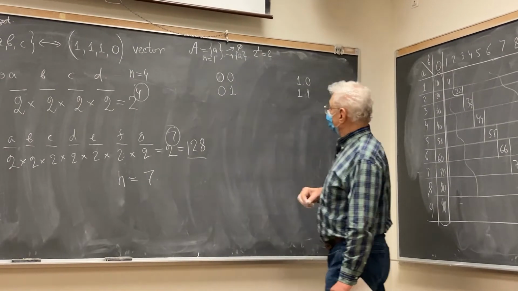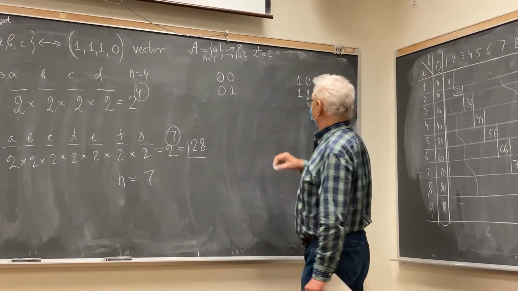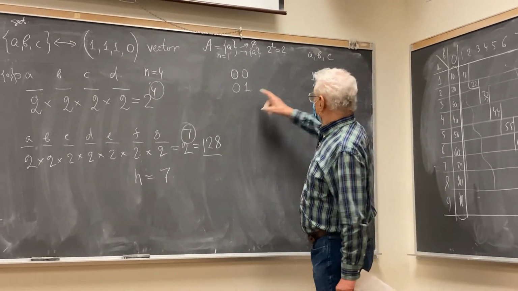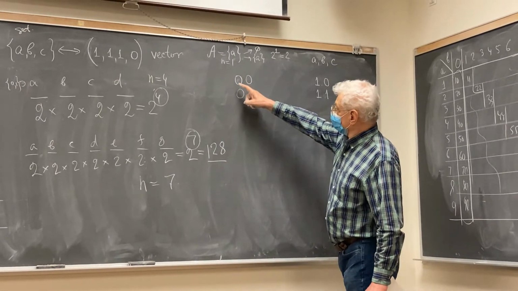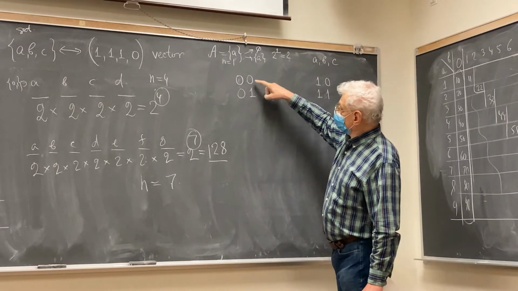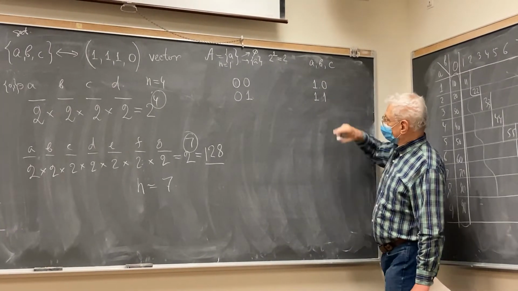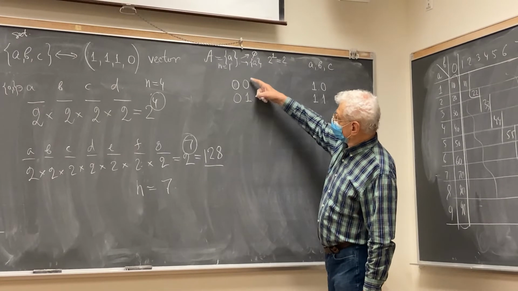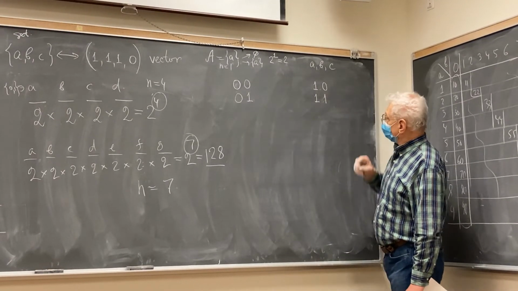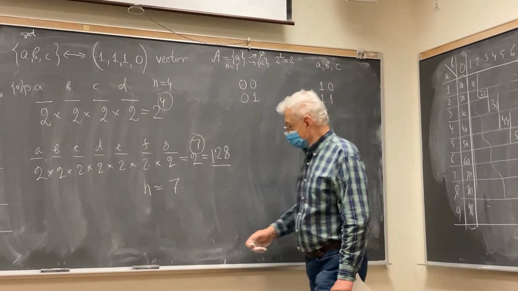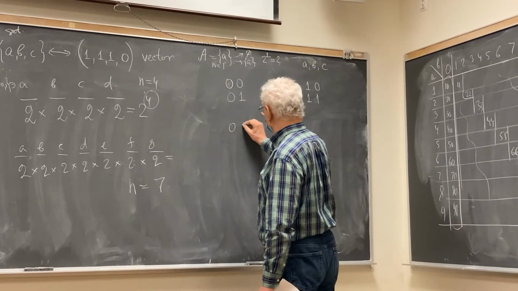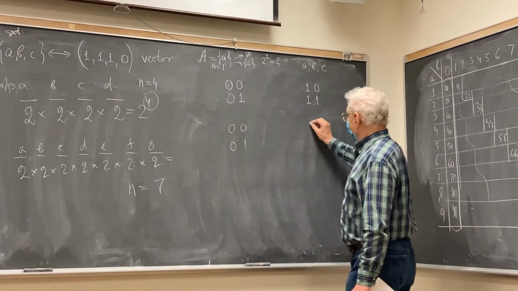Now, what do I have to do if I have 3 letters, A, B, and C? For A, I have either 0 or 1. For B, I have either 0 or 1, but there are two times. So if A is 0, then for B I have 0 or 1. If A is 1, I also have 0 or 1. How to get C? How to enroll C here? I just rewrote this one, and I rewrote this one.